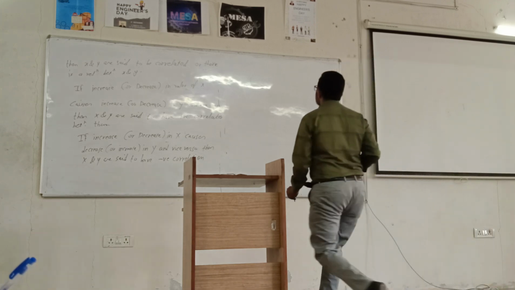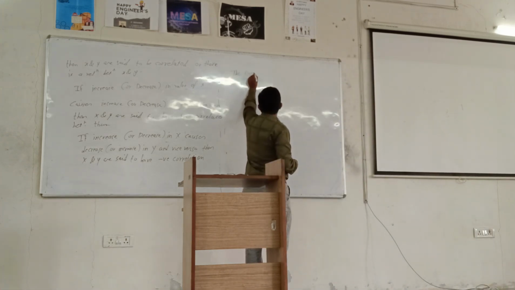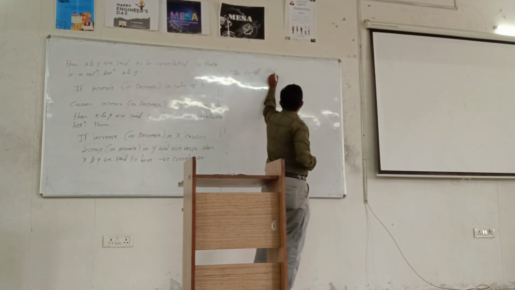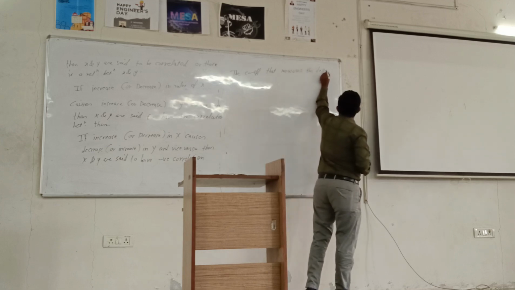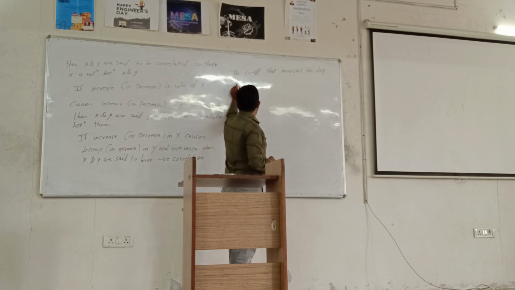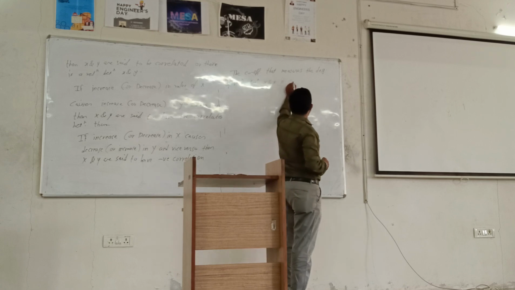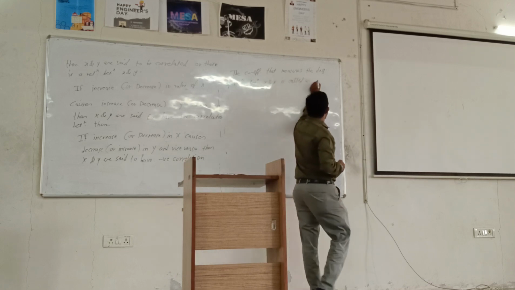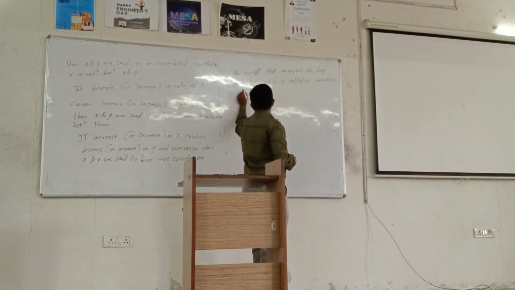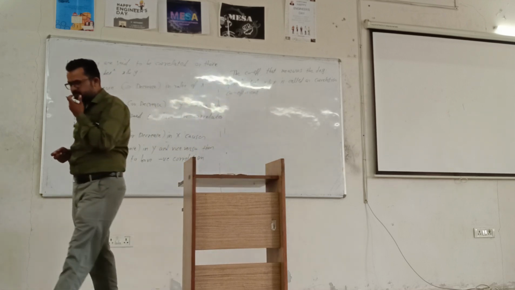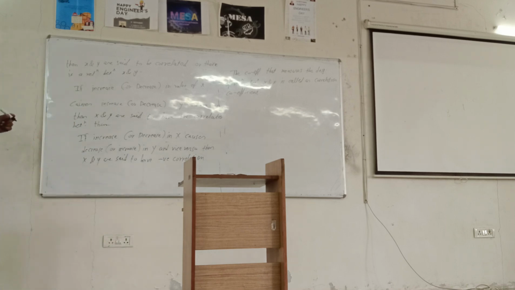Okay, so the coefficient that measures the degree of relation between X and Y is called correlation coefficient.